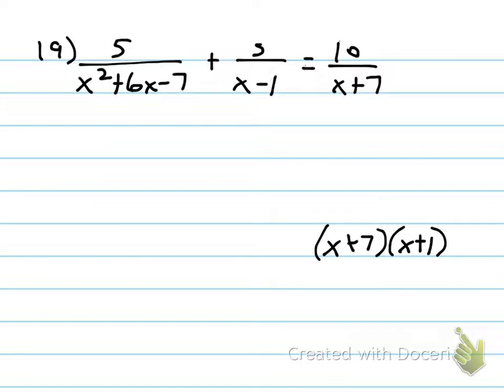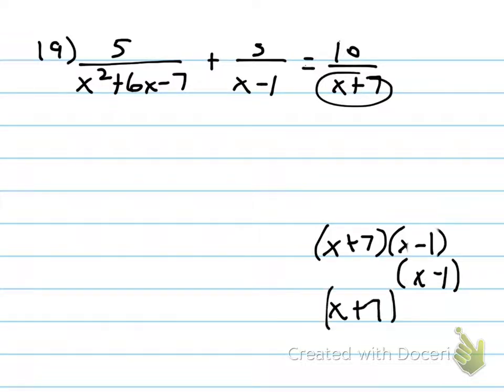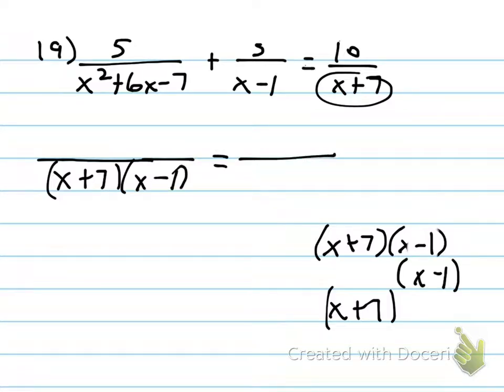So it's going to be x plus 7 and x minus 1. So this denominator only has the factor x minus 1. This one is only x plus 7. And so x plus 7 times x minus 1 is the common denominator.